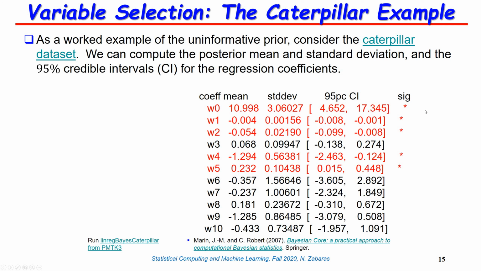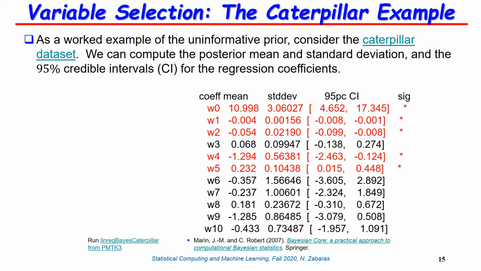And you can think of this marginal posterior on W being a Gaussian distribution, so it has lots of probability mass in its mean. So if the mean is very negative or very positive, if the interval doesn't contain the zero, if the mean is not close to zero, then you can say with confidence that these W's are not going to turn out to be zero, so you do need them in your model.